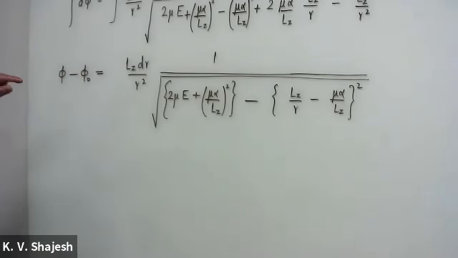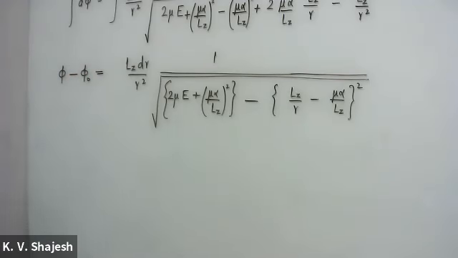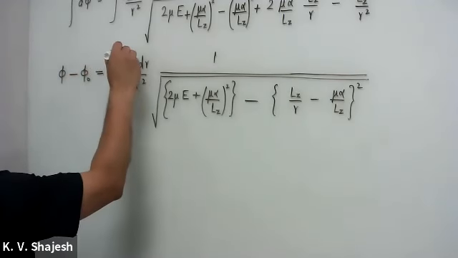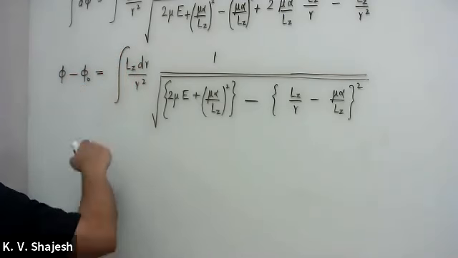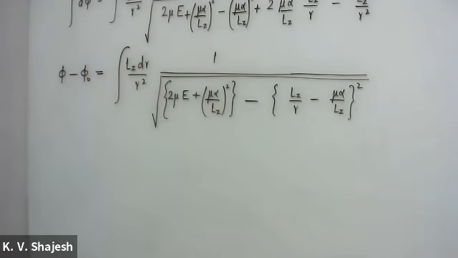It should not be confused with phi at t equal to 0 because we have a choice there. Currently it is just a constant, and it's an indefinite integral. I'll choose the limits by choosing the constant instead of going by the actual limits.